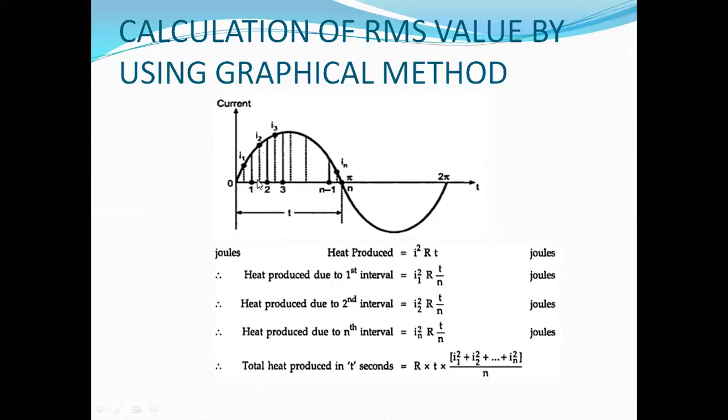Now the width of each interval corresponds to T upon n. If T is the total time period for the half cycle, then each interval corresponds to T upon n seconds.